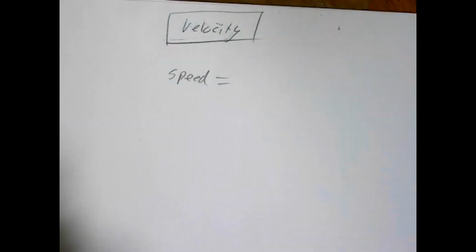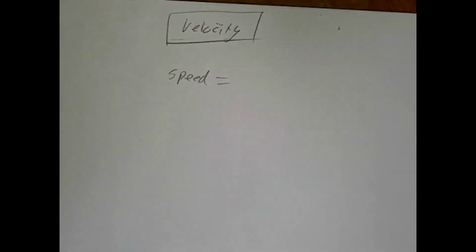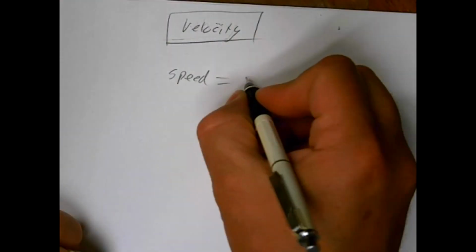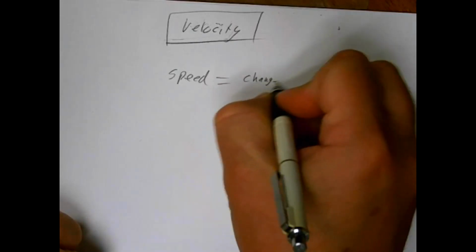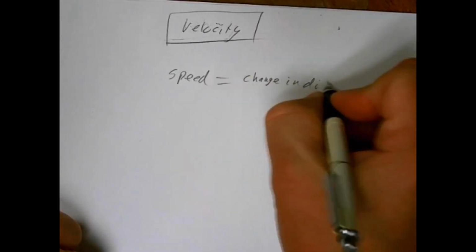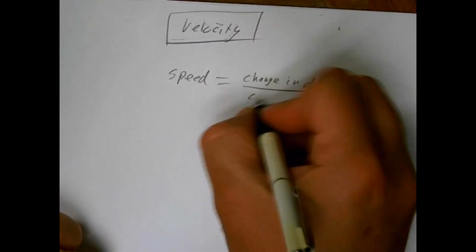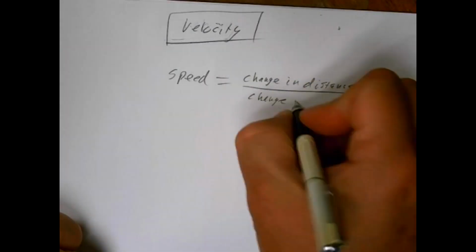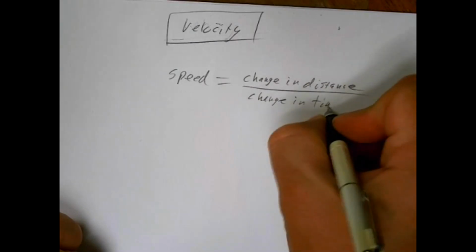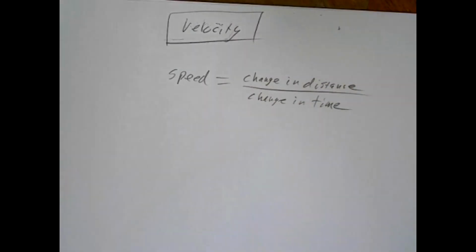What is speed? Well, speed is the change in distance over the change in time. In other words, it's how far you travel over a certain period of time.